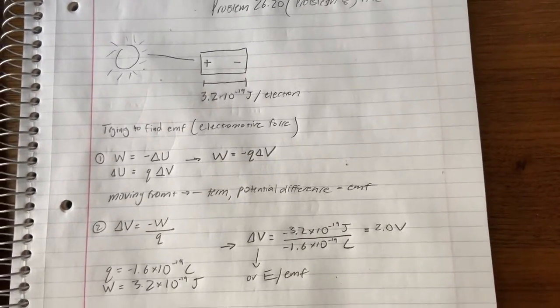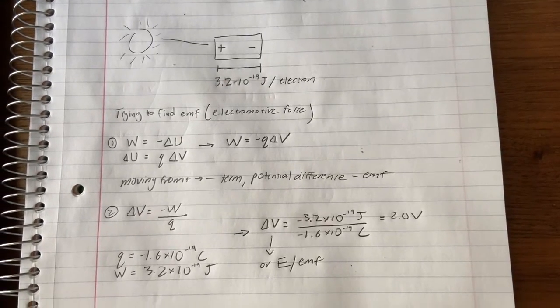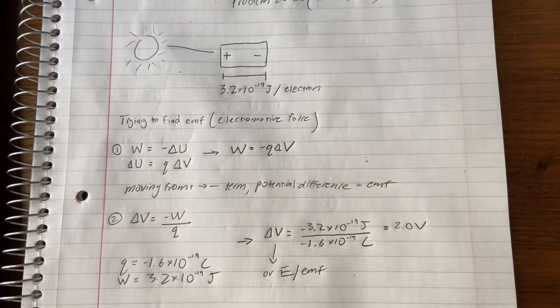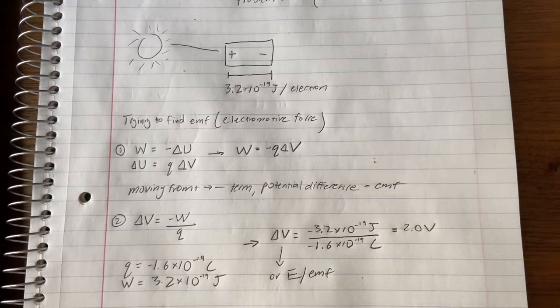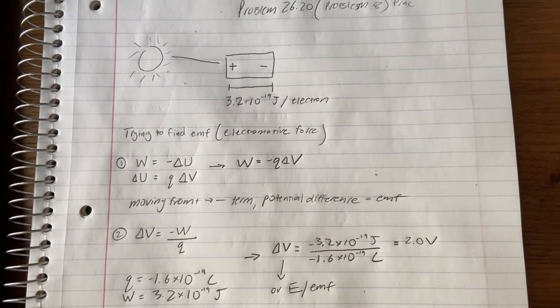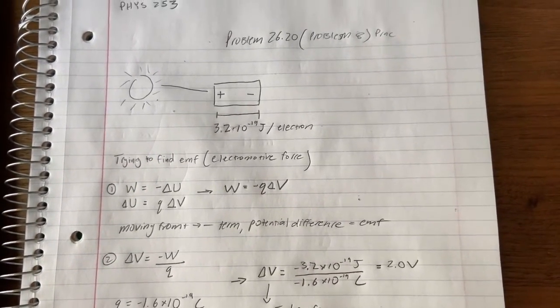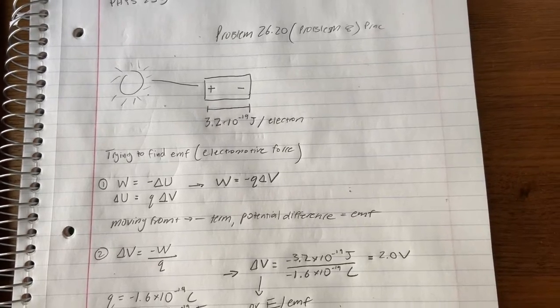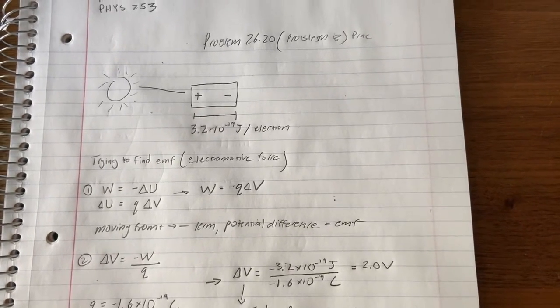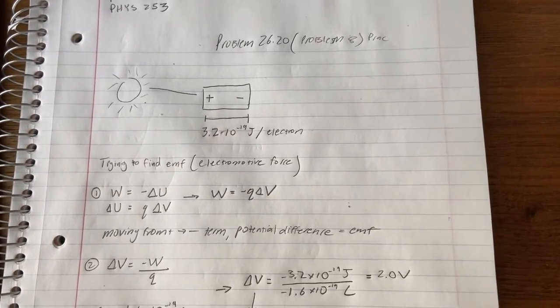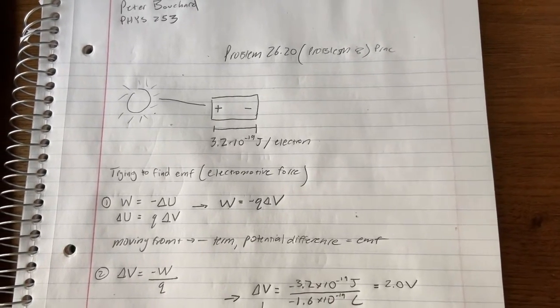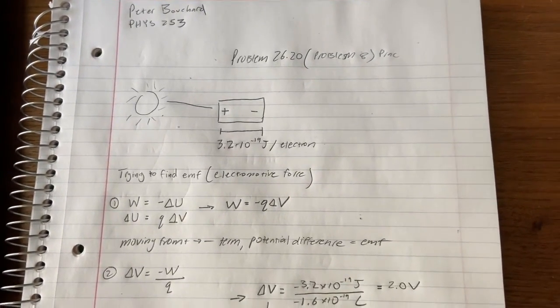So this is just an example of how we relate work, charge, and potential difference, and figure out how those are all intertwined, and ultimately solve for one by understanding how the others work with each other.